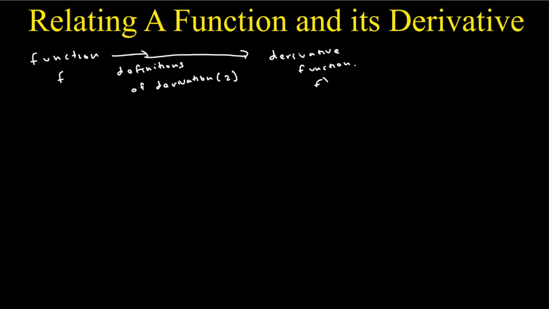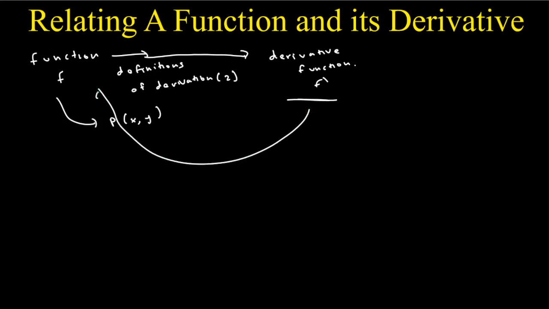This relationship between f and f prime is pretty important because we'll figure out later that we just need one point on this function f, let's say a point x comma y, and then if we're given the derivative function, we can use the point plus the derivative function to get function f again.